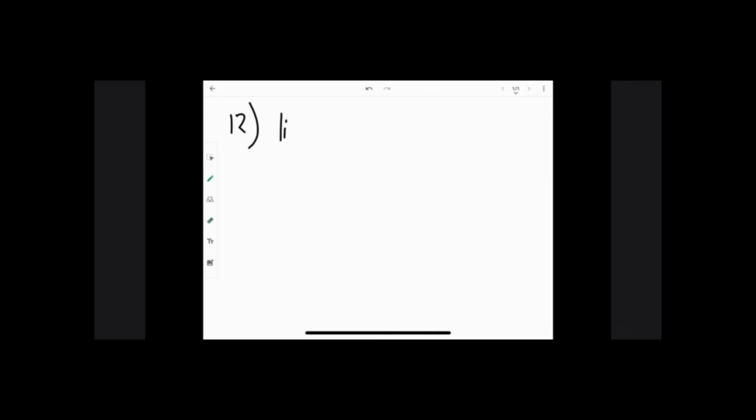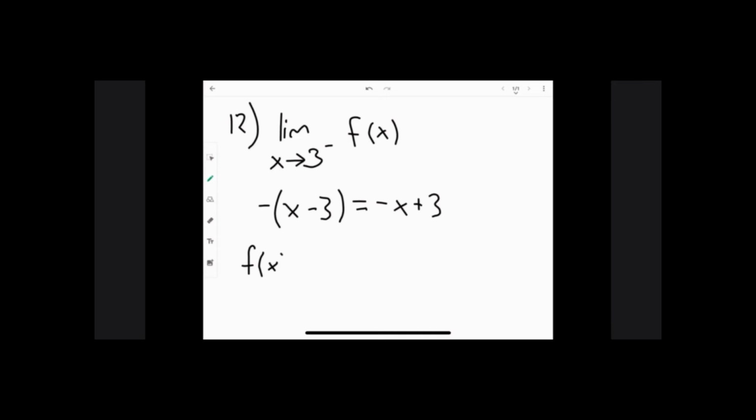Part 3 says that lim when x goes to 3 minus does not exist. All we have to do here is substitute 3 into the part where x is less than 3, because 3 minus is slightly less than 3. We substitute 3 into minus x plus 3 and we get f of x is equal to 0.